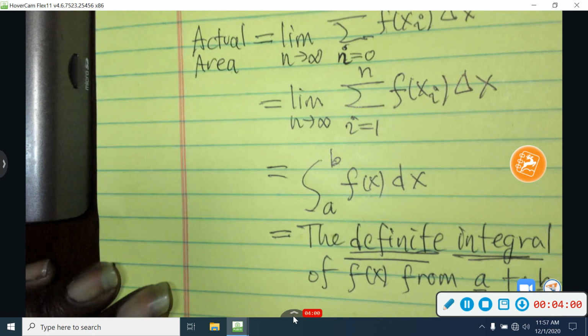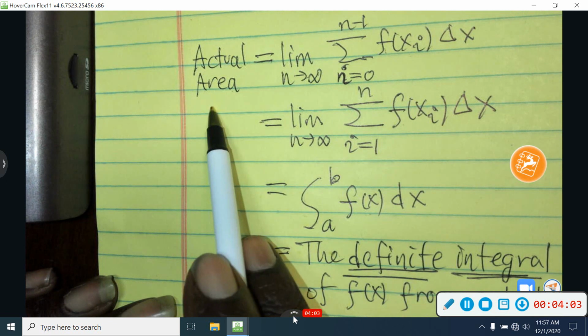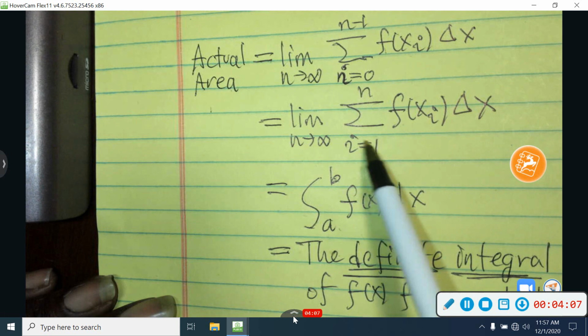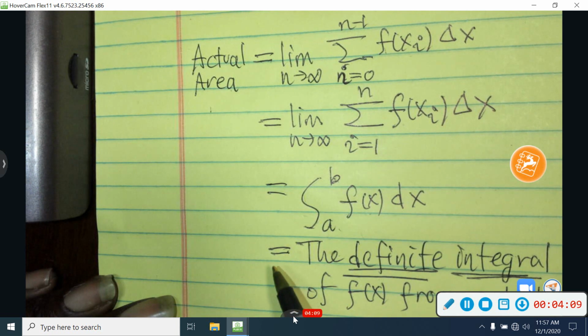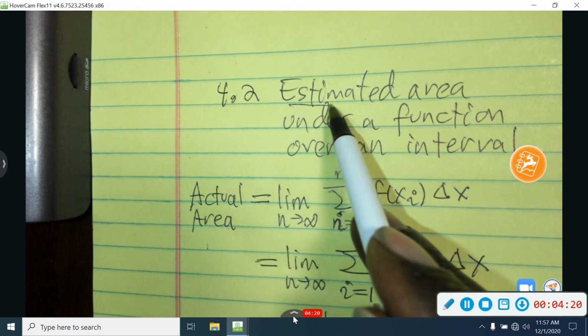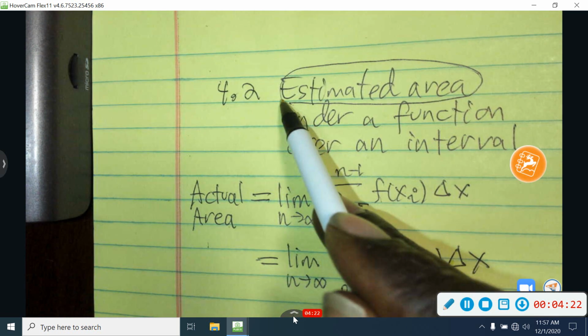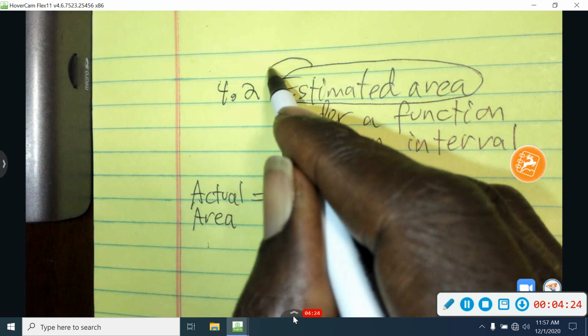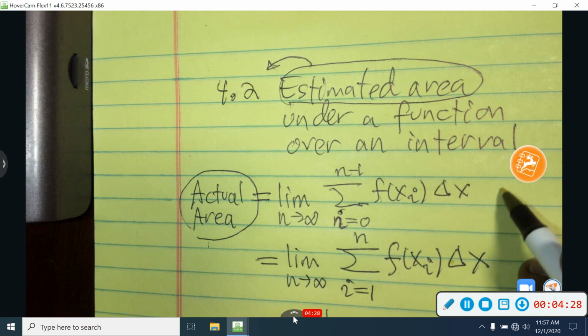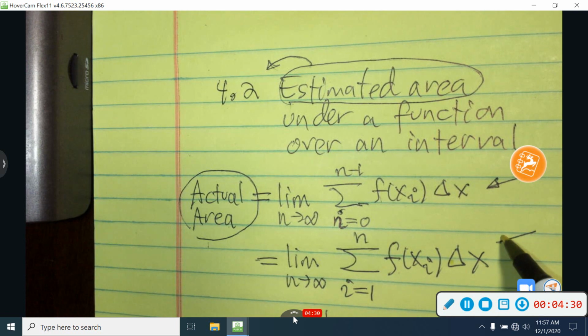Okay? So to actually compute this actual area, or this definite integral, we'd have to take the limit of one of these sums. Depending on the function, that can be pretty nasty. So far we can only estimate the area in 4.2, but we can't find the actual area without doing one of these limits.